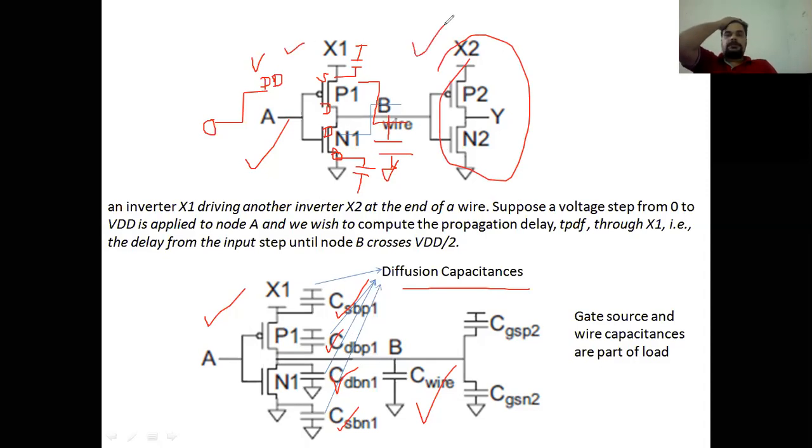For this load inverter, there are two capacitances that we will consider. These are the gate source capacitances in case of PMOS and NMOS. This is your gate, and this is your gate. Gate source capacitance between gate and source terminal, and between gate and source terminal.